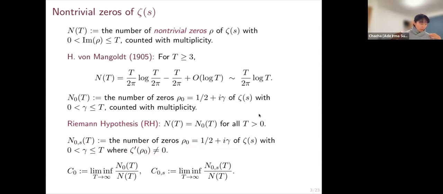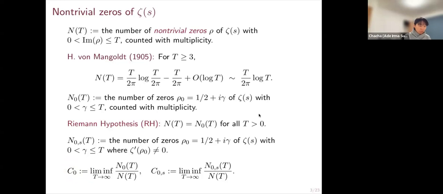Then what we want to know is the proportion of zeros lying on the half line. Usually we work with asymptotics, so we take t to infinity, and we denote that constant by c naught, and that is what we call the proportion.